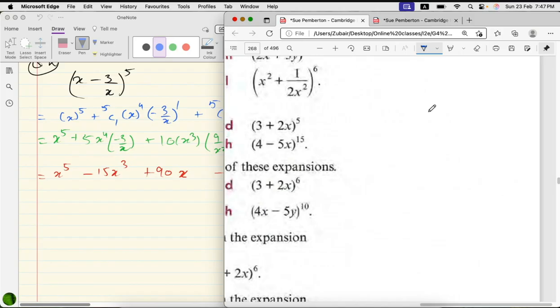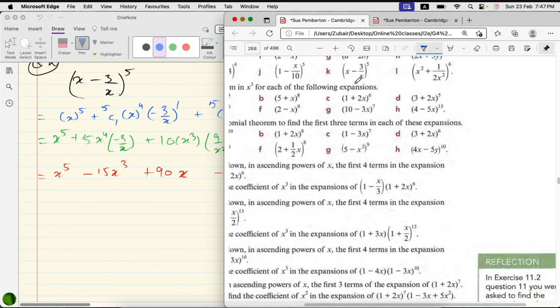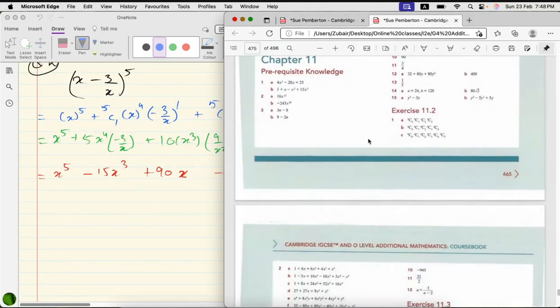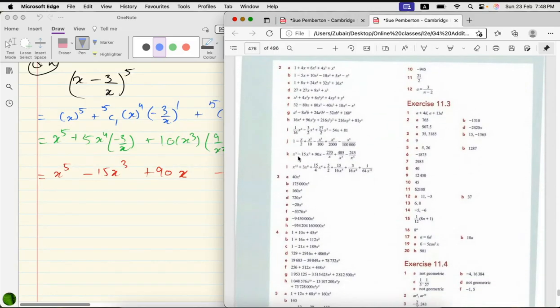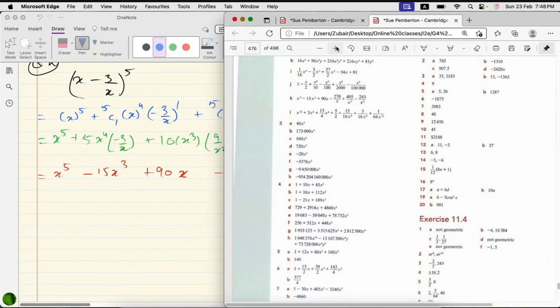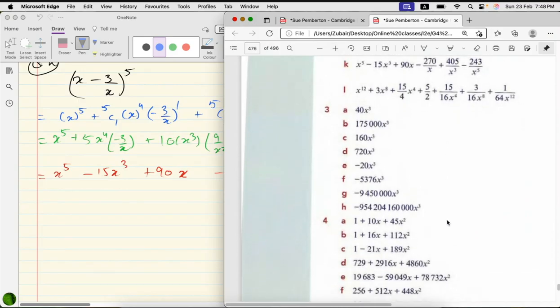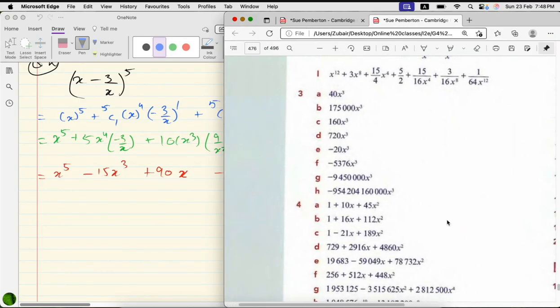Okay, let me show the answer. 11.2, question 2, and the last part. x^12 plus 3x^8 plus 15/4 x^4 plus 5/2 plus 15/(16x^4) plus 3/(16x^8) plus 1/(64x^12).